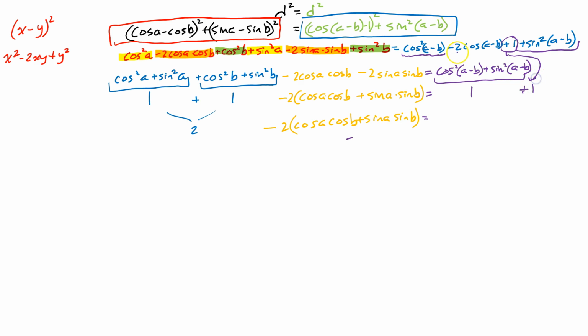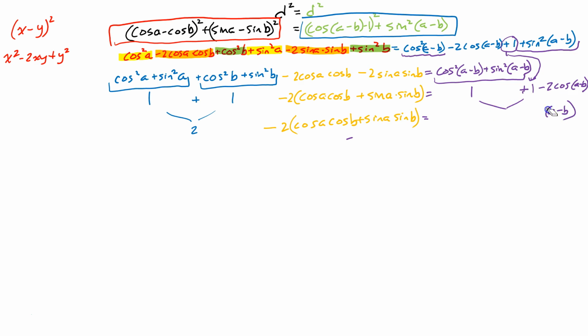And then I have this minus 2 cos of A minus B. All right, so when I put this together, 1 plus 1, once again, gives us a nice 2 minus 2 cos of A minus B.